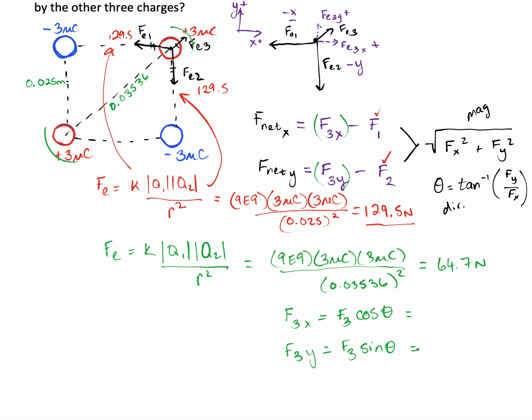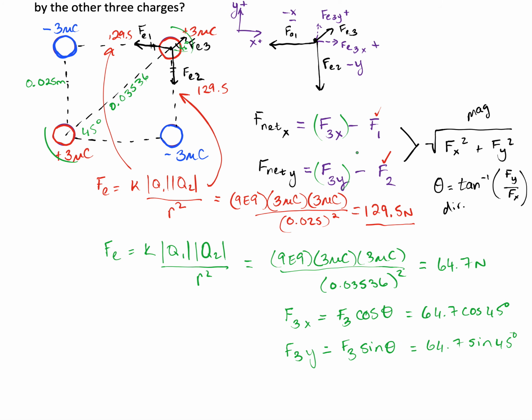Now in this situation, because this diagonal bisects the corner, that's 45 degrees, right? And that would be the same thing right there. So I don't have to do the calculation twice because the cosine and the sine of 45 degrees are the same thing. And so I can put 64.7 times the cosine of 45 degrees and 64.7 times the sine. And these two values are what I will add.